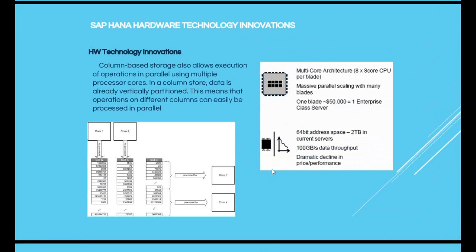Next is hardware technology innovations. HANA is a combination of both software and hardware. Software, we just saw the five important innovations along with the in-memory concept. The hardware innovation is that we have multi-core architecture, where HANA is capable of leveraging modern hardware technologies like multi-core CPUs, then parallel scaling with blade servers in the distributed system or the node.